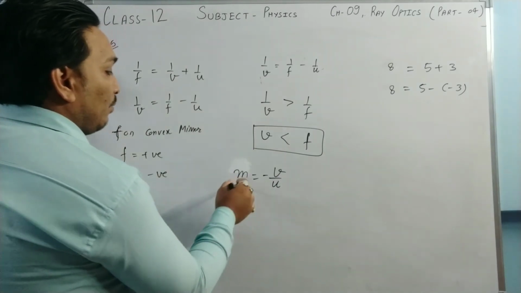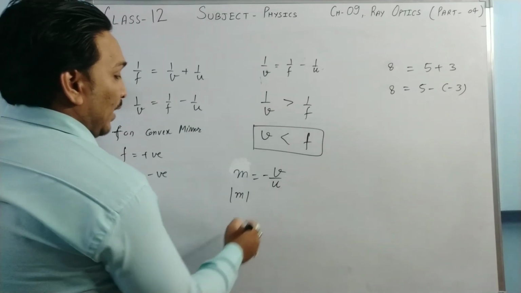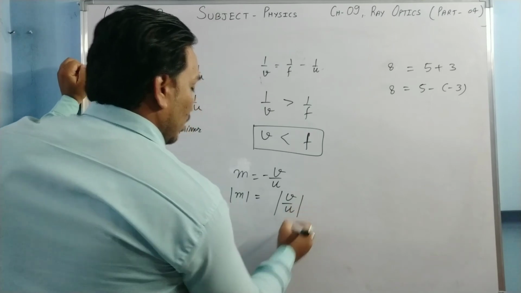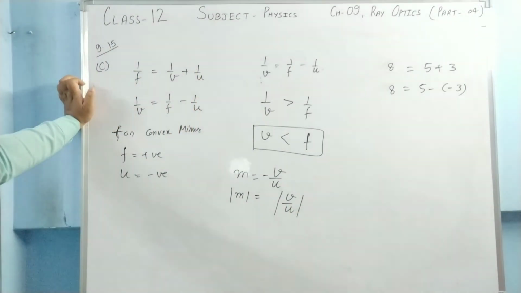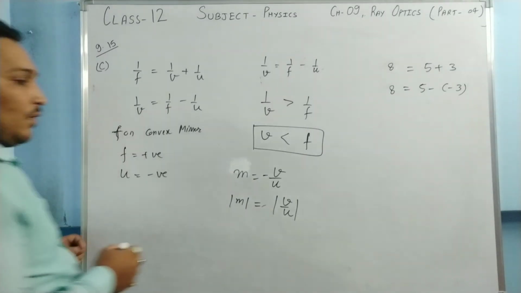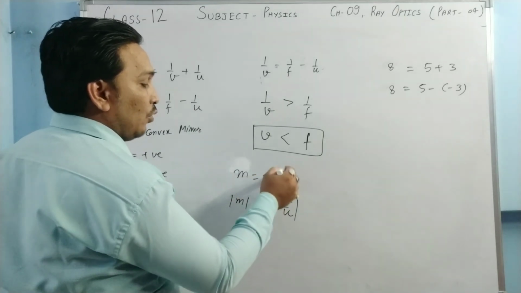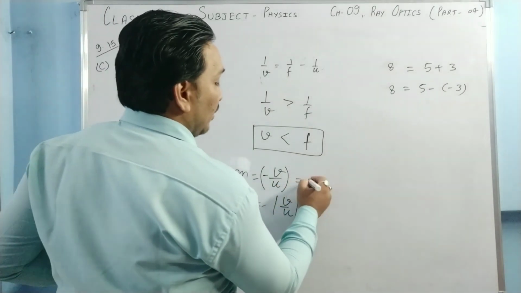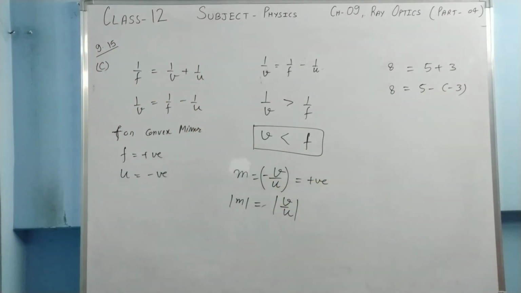I want to write the magnitude of magnification, and the magnitude of magnification will be magnitude of v upon u. Now just see that u is negative, minus 1 by u is positive, so its whole quantity becomes positive. And when it becomes positive, it simply indicates that the image formed is erect.